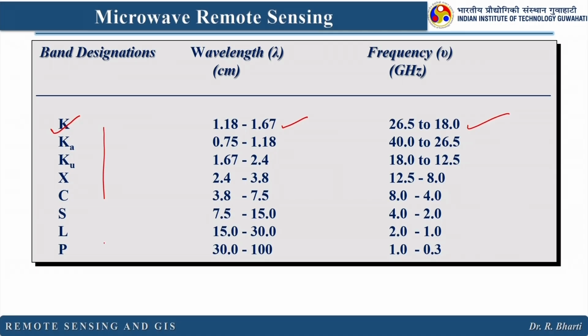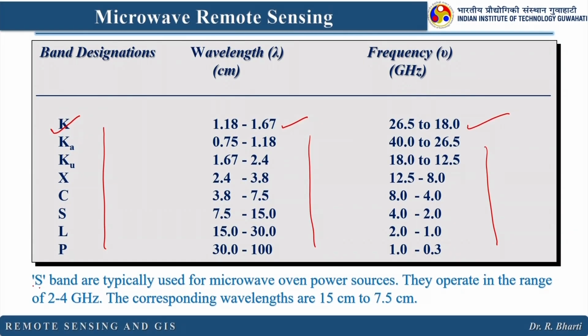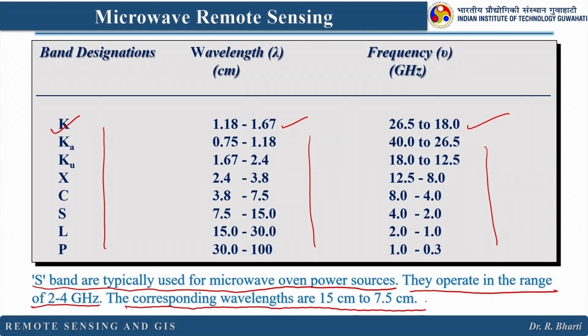So, you can just go through this, right. And the most common example of microwave is the microwave in your kitchen, right. So, S bands are typically used for microwave oven powered sources, right. They operate in the range of 2 to 4 gigahertz. The corresponding wavelengths are 15 centimeter to 7.5 centimeter.